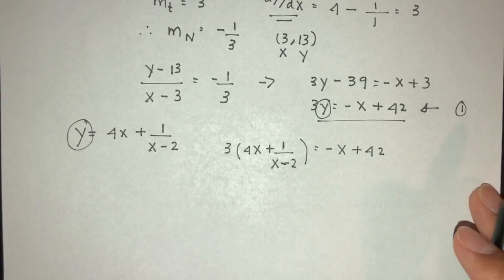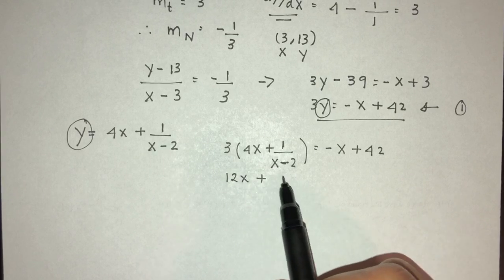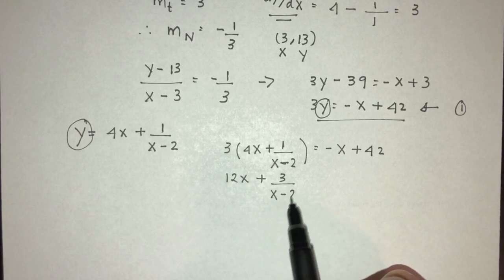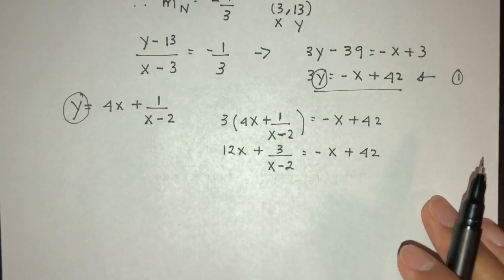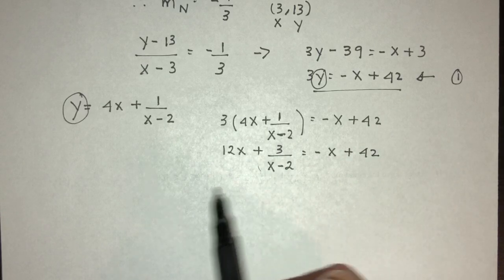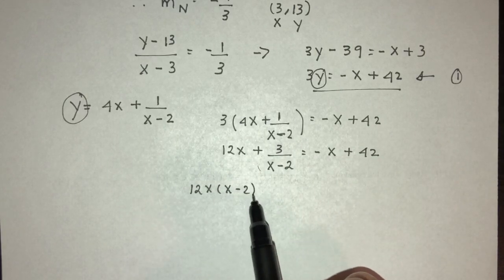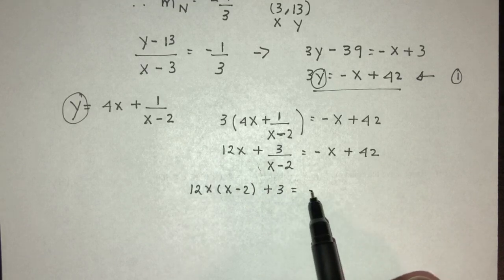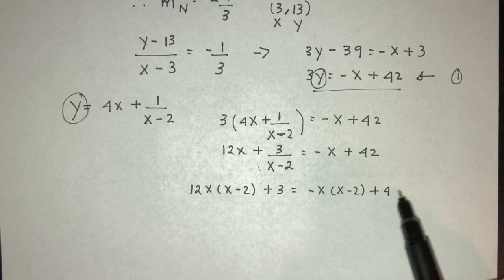Now let's simplify. Let's bring this 3 inside. You will have 12x plus 3 over x minus 2 equals minus x plus 42. Now to remove this fraction, we have to multiply everywhere by x minus 2. So that will become 12x times x minus 2 plus 3 equals minus x times x minus 2 plus 42 times x minus 2.